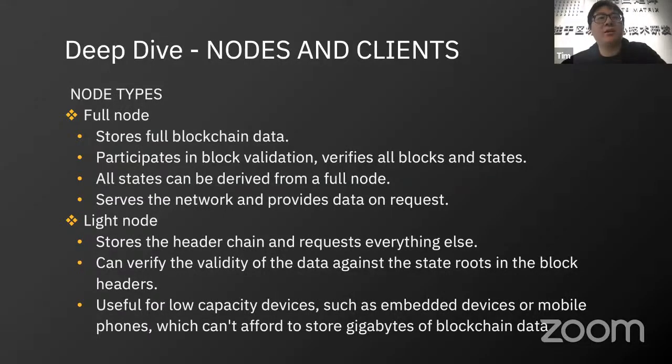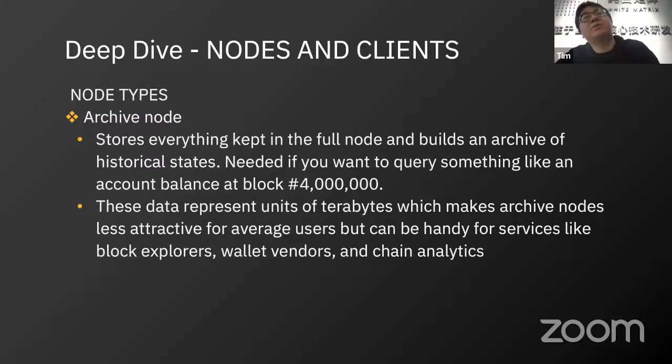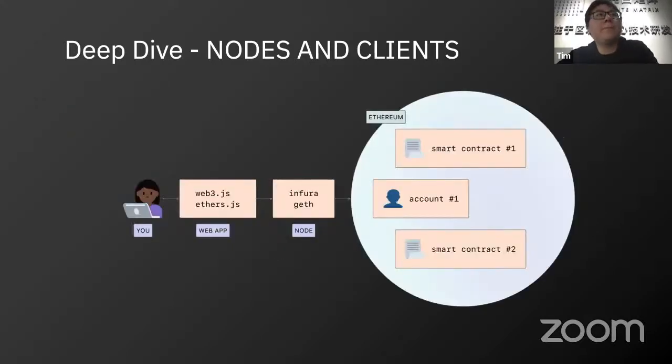So it can verify if the data is valid against the state rules of the blockchain headers. And the archive nodes are basically used to store all this blockchain data, but usually they do not attend the validation and the request computation.